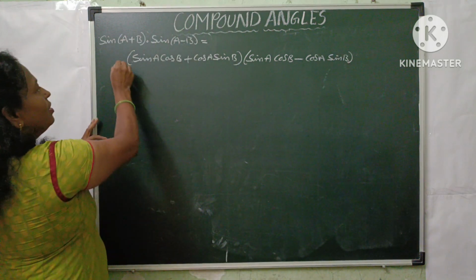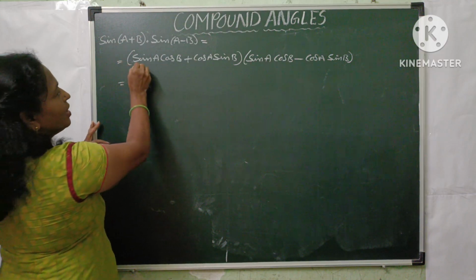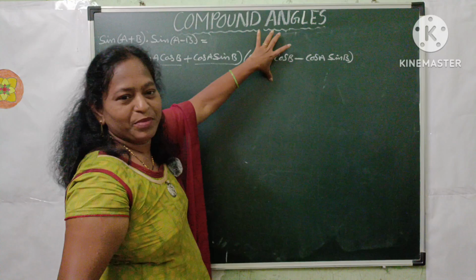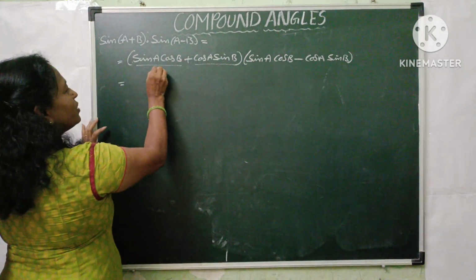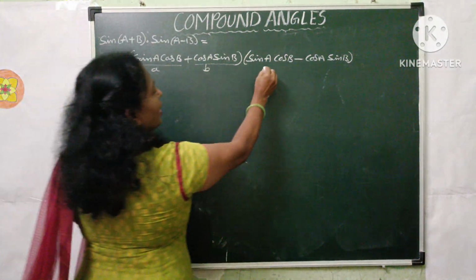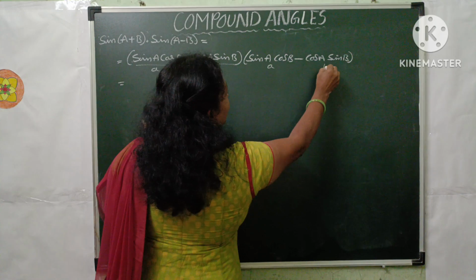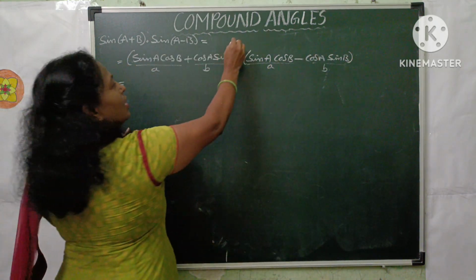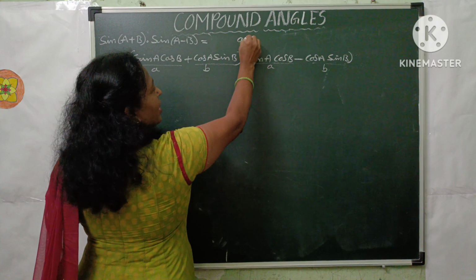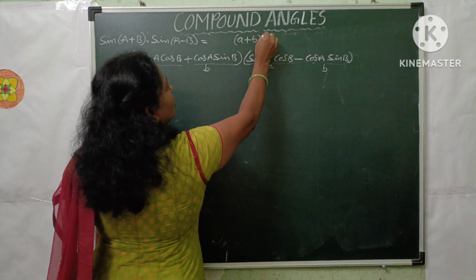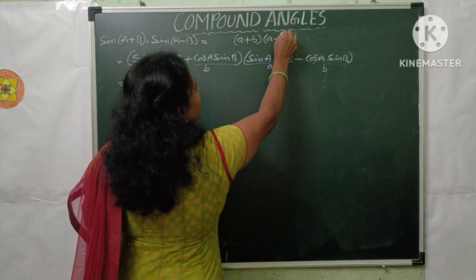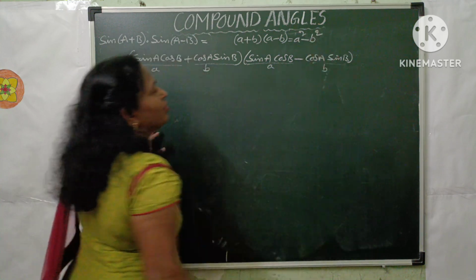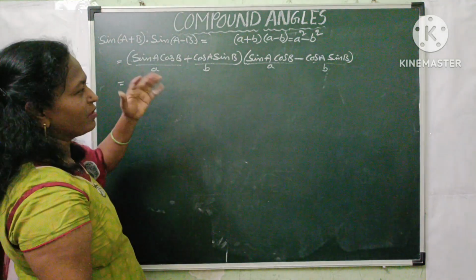Right. Now check here: (a plus b) into (a minus b) form. Sin(a plus b) into sin(a minus b) is like an algebraic expression. Here (a plus b) into (a minus b) equals a square minus b square, the algebraic formula.